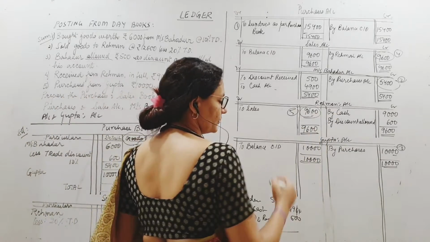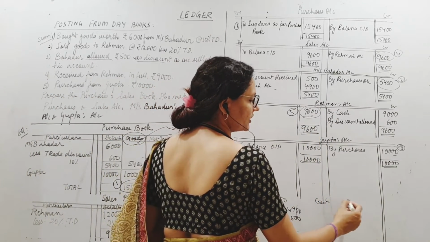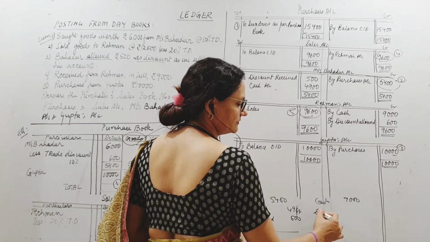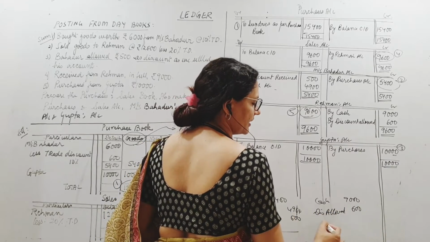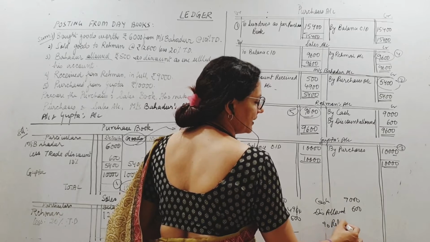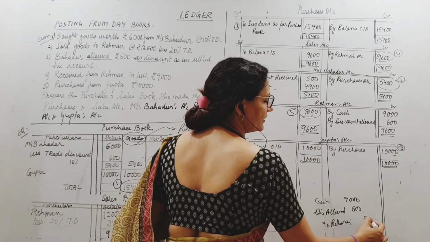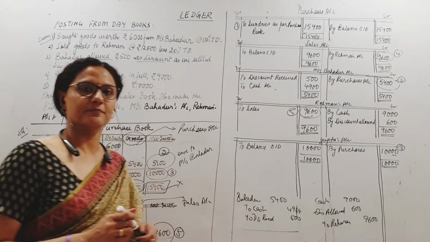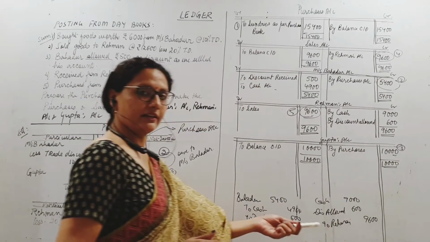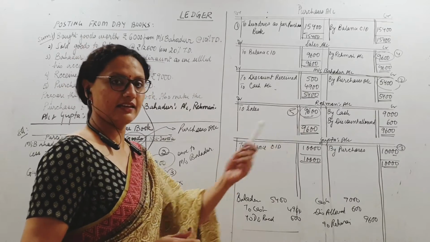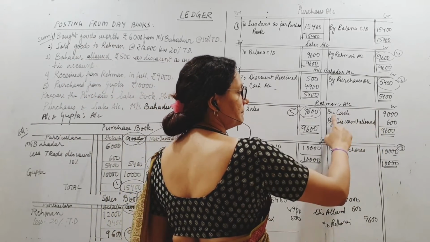So here, what would have been the entry? Cash, you are receiving 9,000. Now this time you are allowing a discount of the remaining amount. Therefore, Rahman's account should be credited with 9,600. Done? So Rahman's account is being credited. So I will show on the credit side. See? By cash.